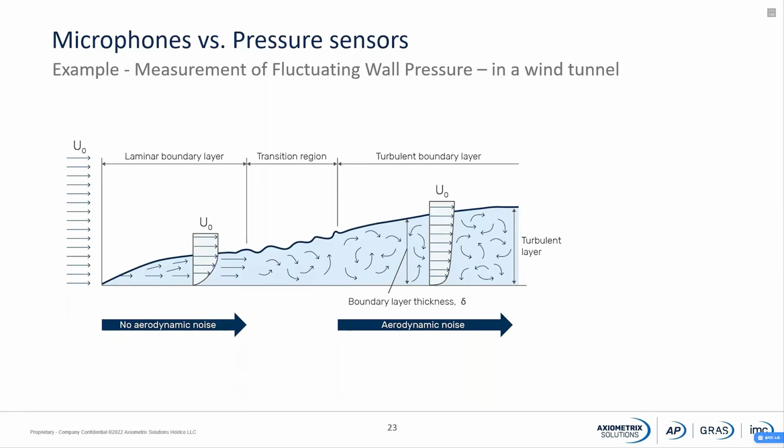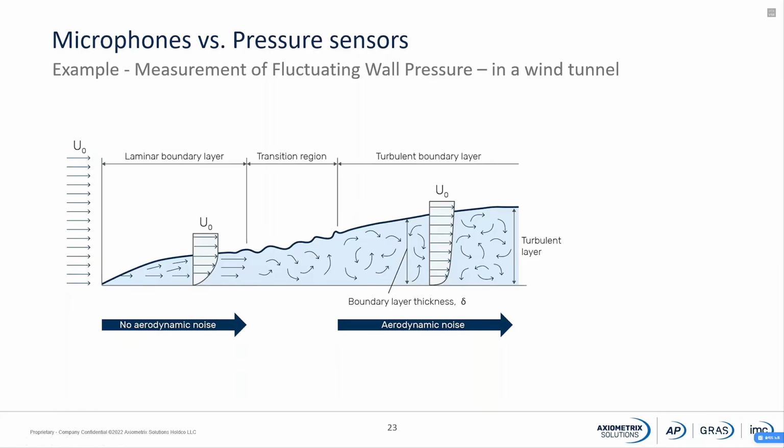That could be on an airfoil. It could also be on a fuselage. It could be on a car, on a windshield or something like that. What we're interested in is measuring the pressure variations on the surface itself.